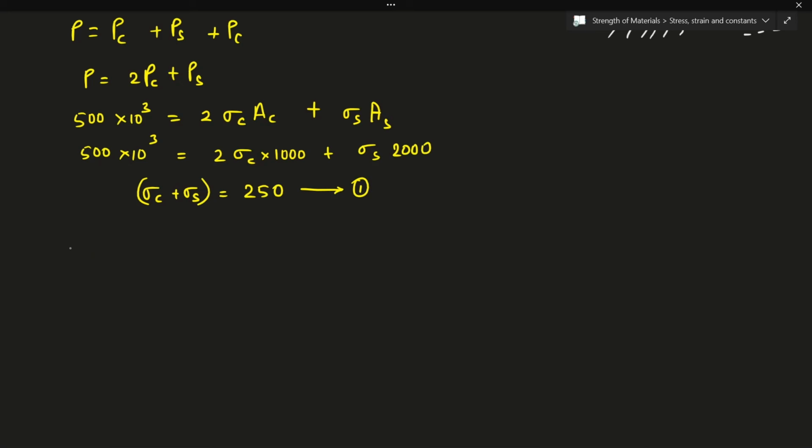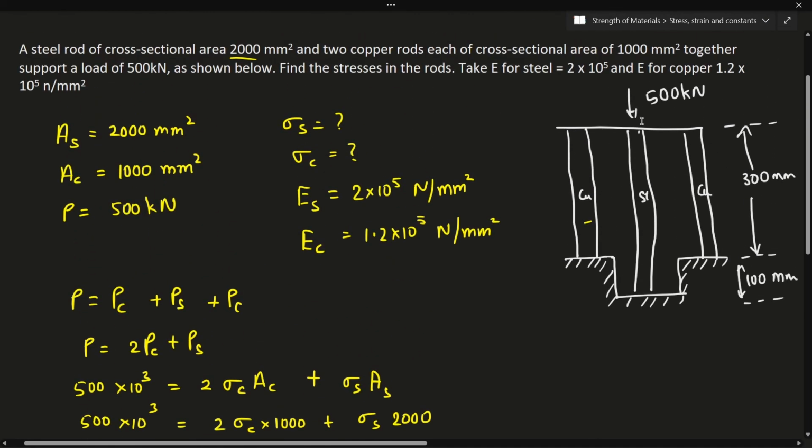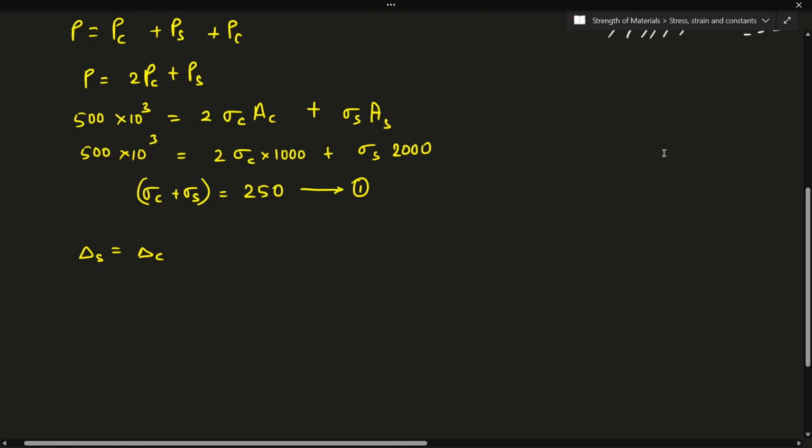Now I'll have to use the principle of superposition, which is nothing but the total elongation of the entire thing will be equal, right? So the elongation of steel will be equal to the elongation of copper, because all of them are applying on a same steel plate. So here this end is fixed, so this entire plate will be moved equally with all of these bodies, meaning the deflection will be equal in all of these columns.